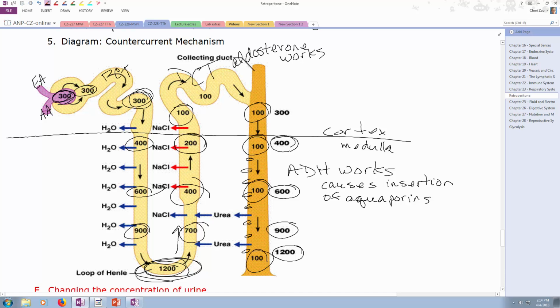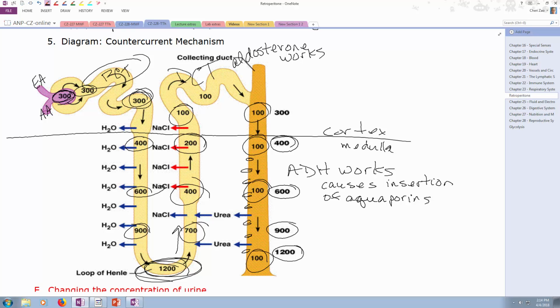Now we're in the PCT, the proximal convoluted tubule, and the osmolarity throughout the PCT is 300 milliosmoles. Remember, we have all of those protein pores that have that transport maximum, and so we're taking out glucose and sodium and vitamins and amino acids, and as those leave the lumen of our tube, so will water, because these are solutes and water always follows solutes.